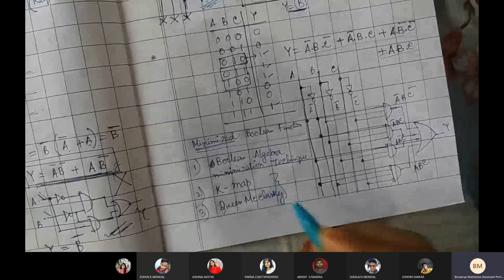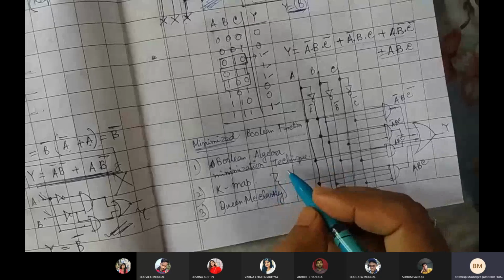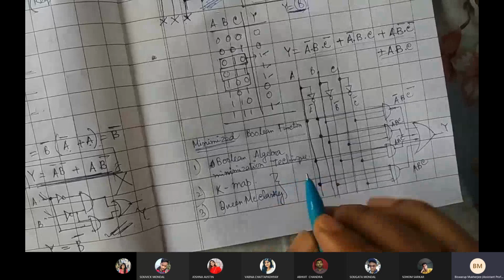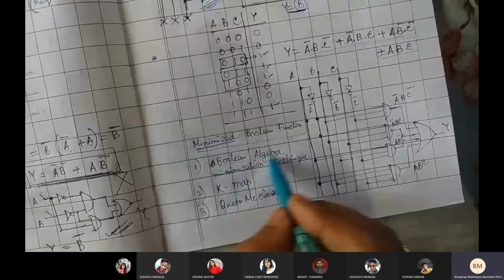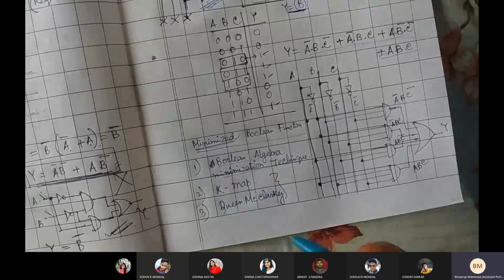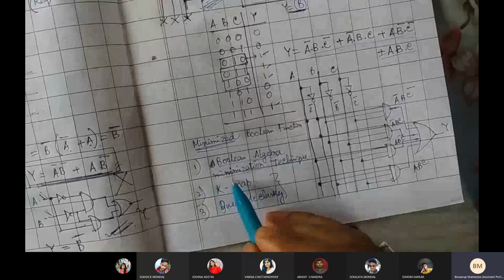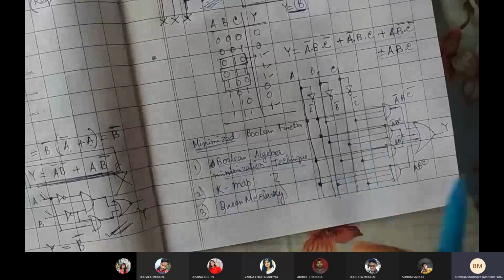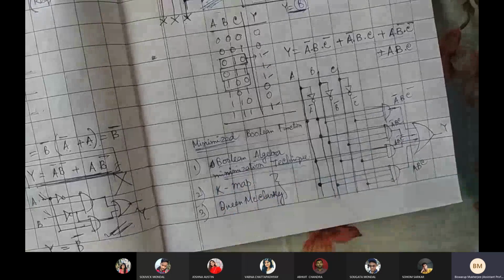These two are the methods by which you can directly get the minimized function. Another one is by a mathematical tool, by using some algebra, you can also get the minimized version of the Boolean function, right? So we'll be starting with that one.